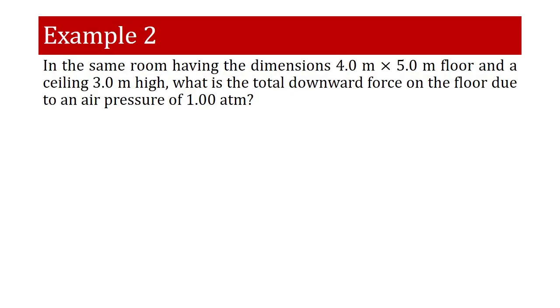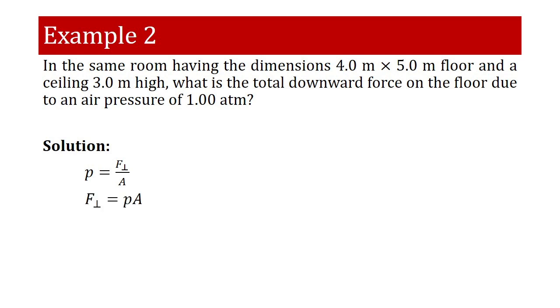Let's have our example 2. In the same room having the dimensions 4 by 5 by 3, what is the total downward force on the floor due to an air pressure of 1 atm? The formula we learned is P equals F over A, but what is asked is the total downward force, the perpendicular force.